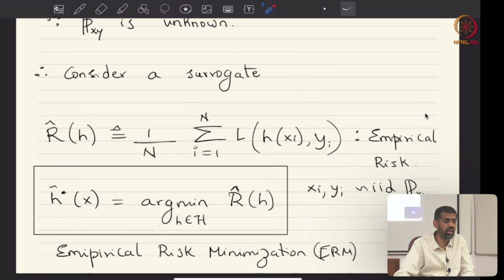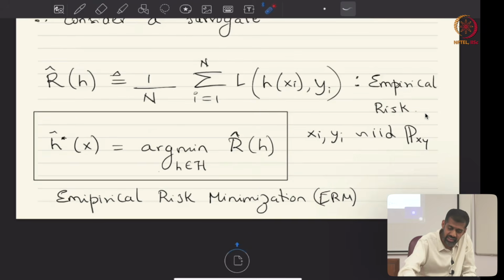You compute the loss function on all the data points, take an average, and find an h that minimizes that. In fact, the machine learning 101 courses that you find online actually start from this equation: define a loss function, compute the average and minimize. Correct? So this is what empirical risk minimization is.